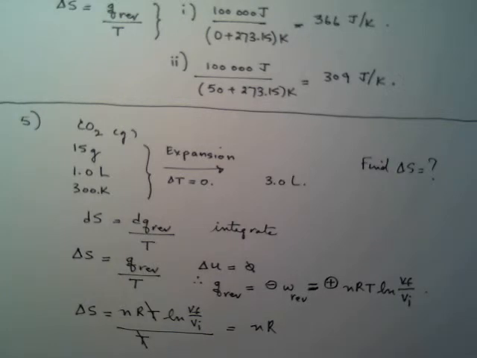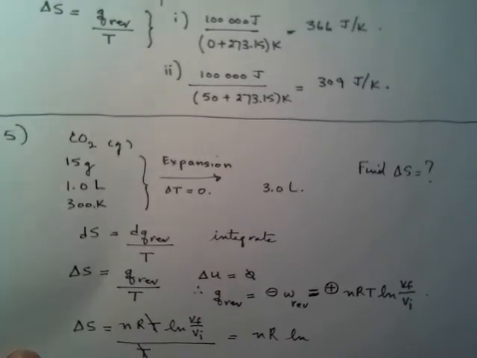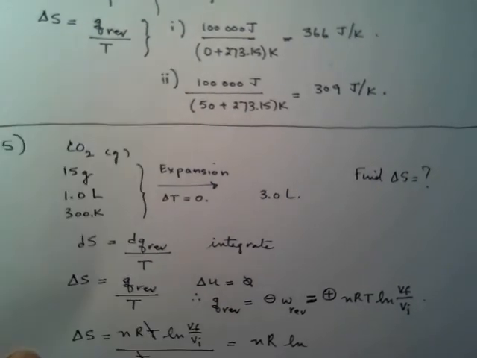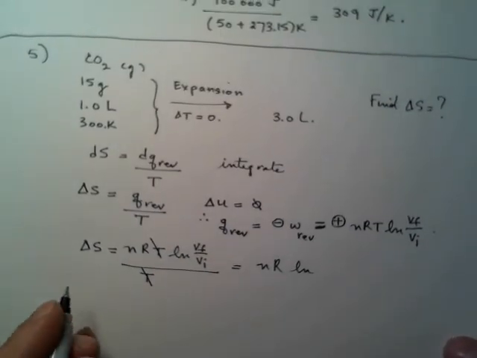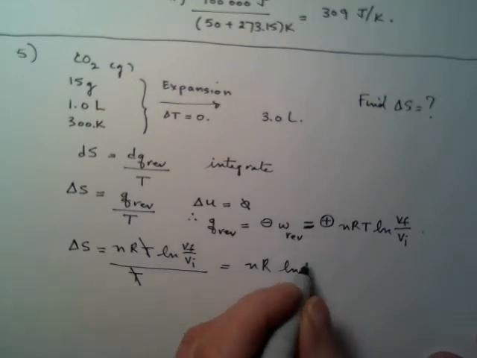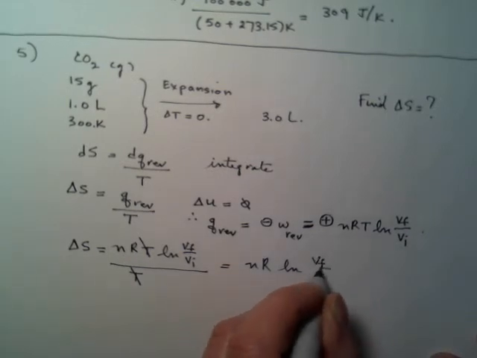Interesting that the change in entropy for an isothermal expansion is independent of the temperature. See how we can get statements out of this? So you want to be thinking about what bigger question statements come out of these exercises when you do them. So nR ln V final over V initial.